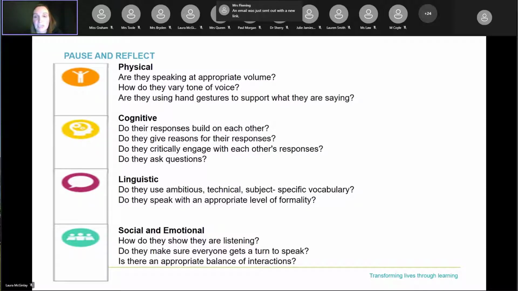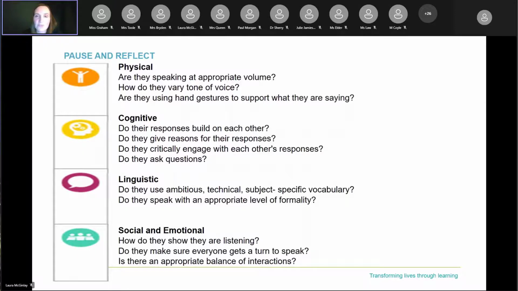We've covered very briefly why talk is important, and we've moved on to thinking about how we might teach listening and talking skills, and we've started to look at the Voice 21 Oracy framework that was developed with Cambridge University.